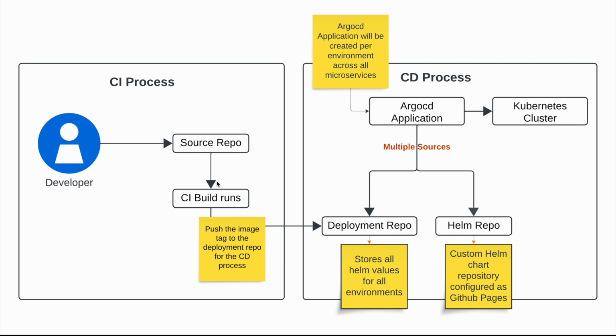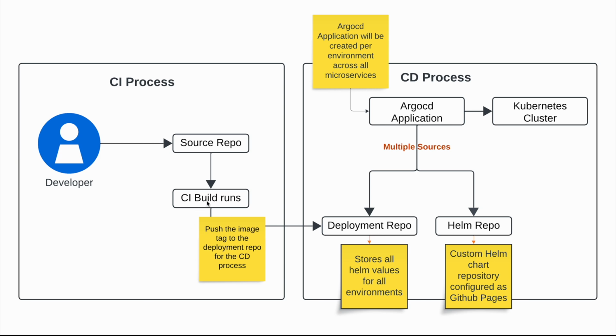Generally in GitOps flow, your CI and CD process are decoupled. There is no relation directly between CI and CD. So when you run your CI process, you need to notify or trigger anything that starts the CD process. How that CD process will run.